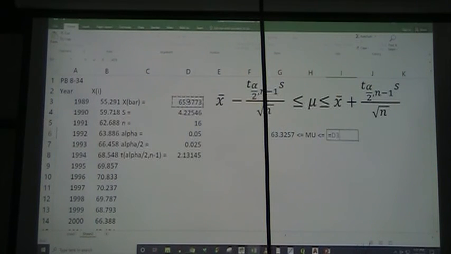Now on this side, we're just going to do the same thing with a slight variation. Our x bar plus our t of 0.025 with 15 degrees of freedom times our sample standard deviation divided by square root of n.